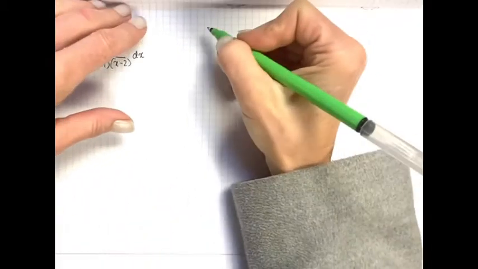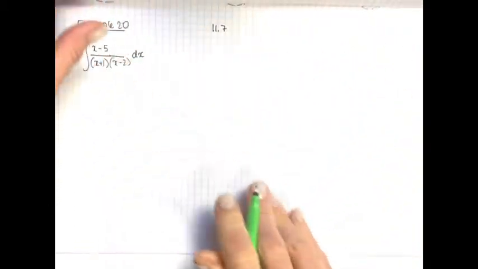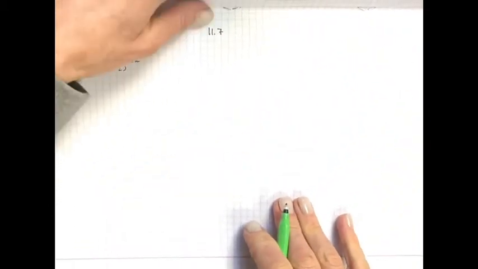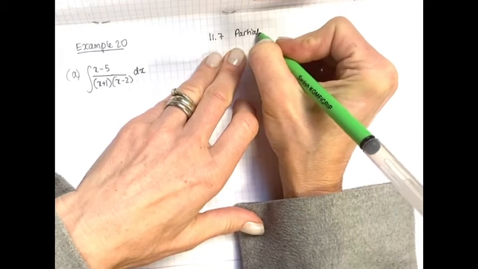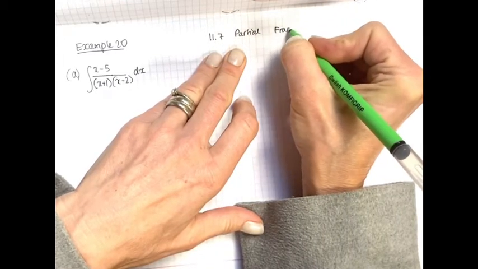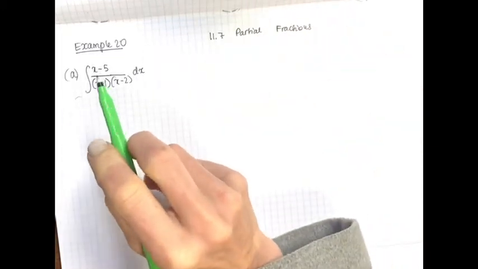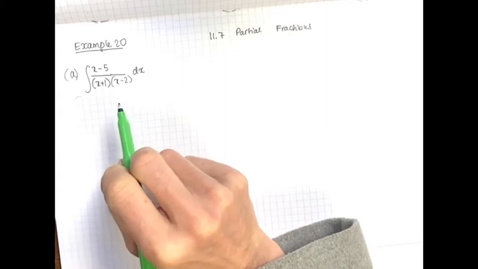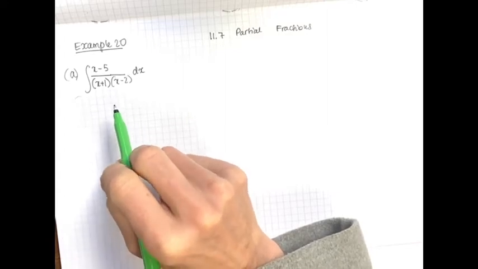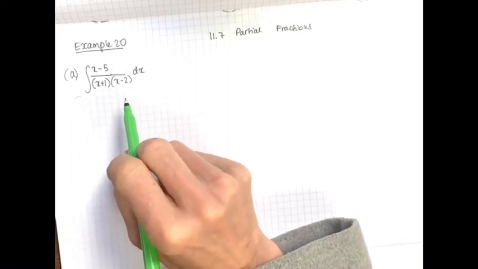This is section 11.7. In this section we're going to integrate algebraic fractions using the partial fractions method. We've integrated fractions before, where you could bring the denominator to the top and use the power function, or it led to ln.